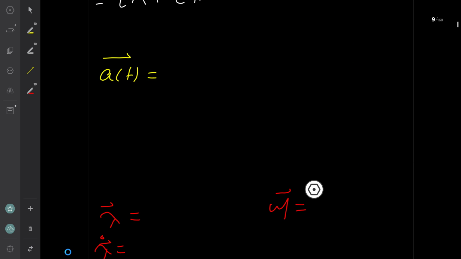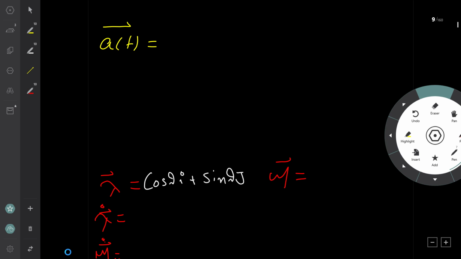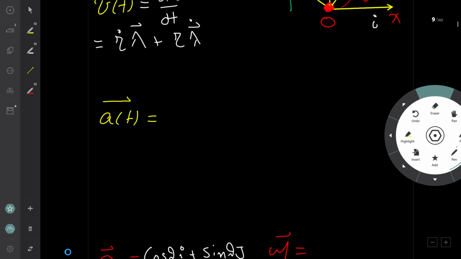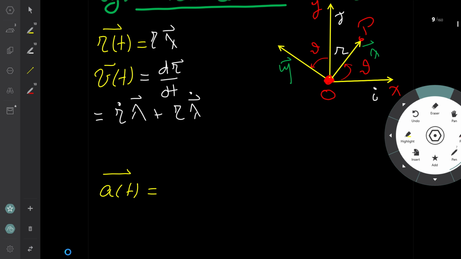So we have said that lambda is cosine theta along i plus sine theta along j. What is mu? Mu is minus sine theta along i because it's in the negative direction, and plus cosine theta along j.